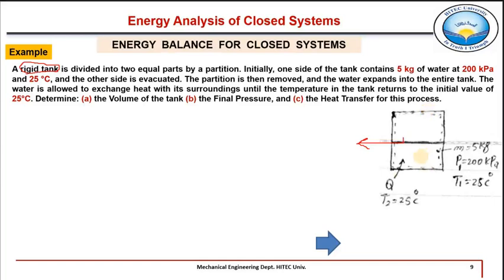But as the temperature drops, there is a temperature difference available, and some heat may flow into the system, so that the initial temperature of 25 degrees Celsius is re-achieved. So T1 was 25, and after removal of the partition, expansion of water and the heat transfer, at the final state the temperature is again 25 degrees Celsius.